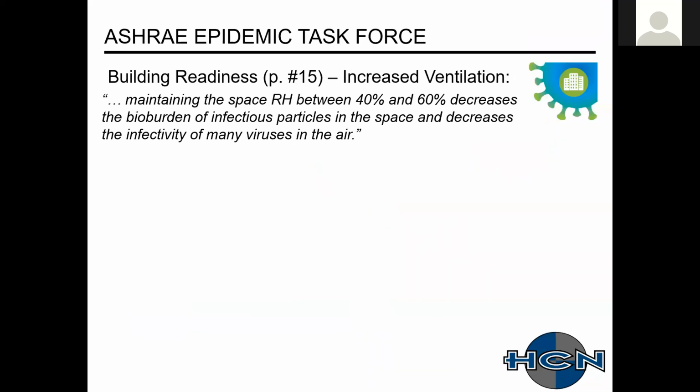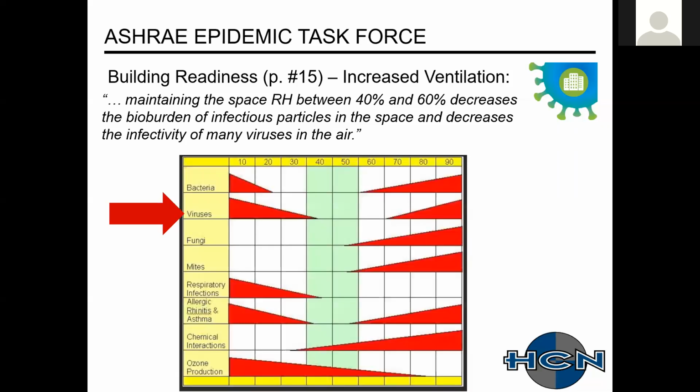So furthermore, in building readiness under increased ventilation on page 15, maintaining the space RH between 40% and 60% decreases the bioburden of infectious particles in the space and decreases the infectivity of many viruses in the space. Sort of a mouthful. But visualizing what they're talking about, this is once again a very familiar chart that I'm assuming most of you are familiar with.